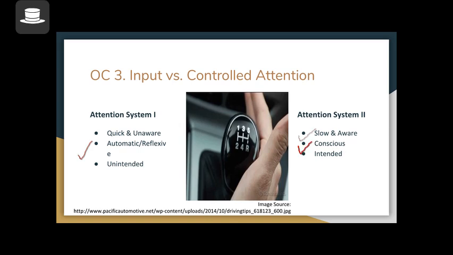Attention system 1 is more unintended, it just happens or it's just a fundamental state you're in, whereas attention system 2 is more intended, conscious, deliberate. So that's the basic difference between these two systems. You can think of attention system 1 as a quick, reactive system. Attention system 2 is a slower, deliberate system, and we need both.